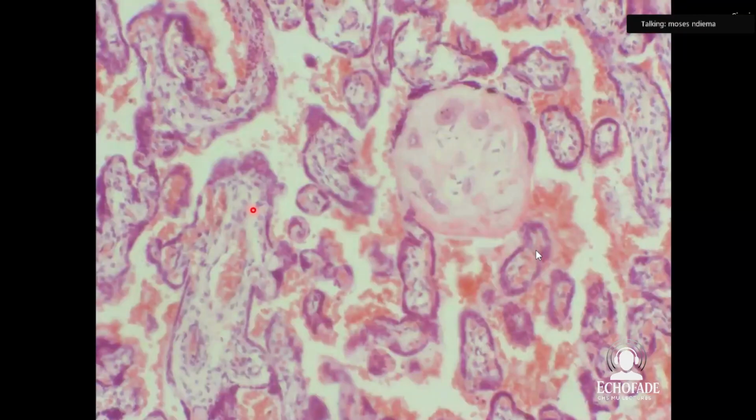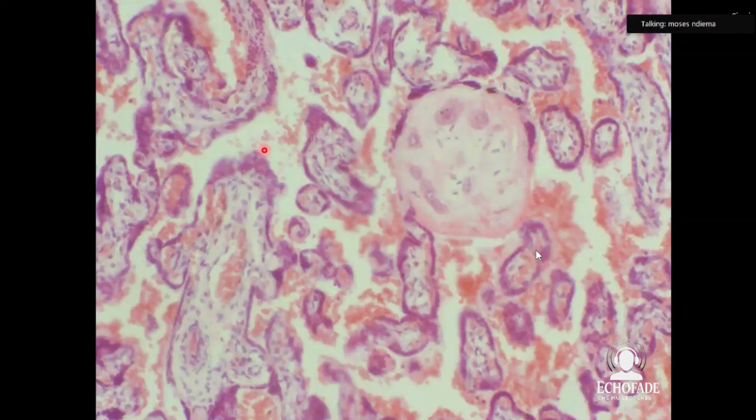So the placenta consists of the chorionic villi. Remember, I think I've done that in embryology, where we have, after implantation, the trophoblast penetrating into the endometrium. And where you just have the trophoblast alone, we call that the primary chorionic villi. Then you have the trophoblasts forming both syncytial trophoblast and the cytotrophoblast.